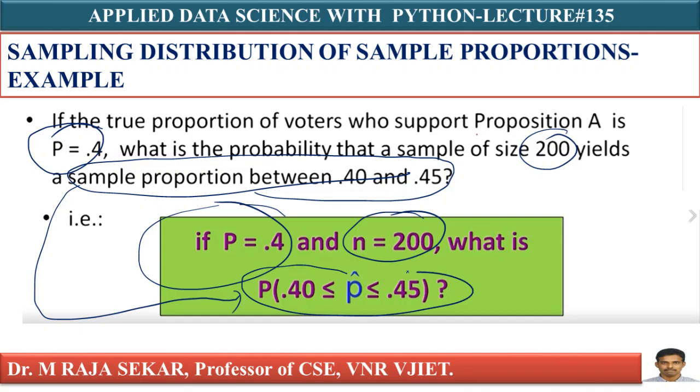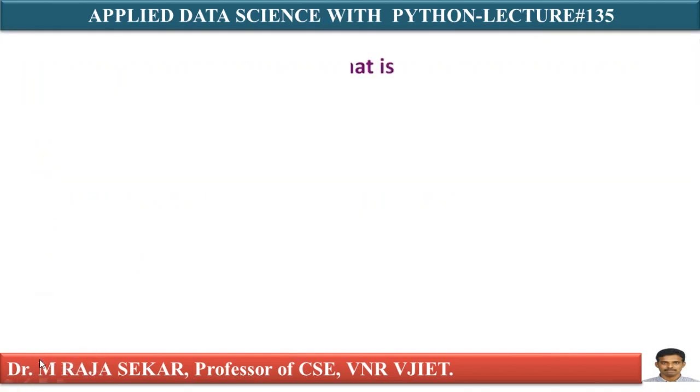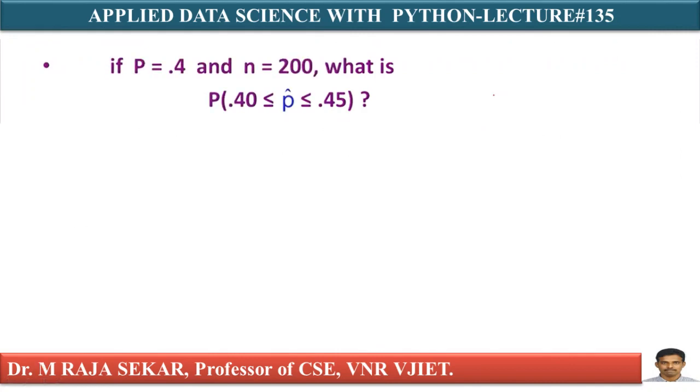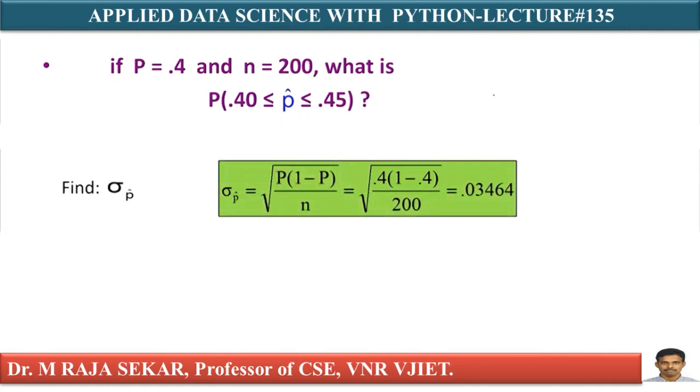This I have to calculate. How can I calculate? Just writing the parameters: capital P equal to 0.4, small n equal to 200. I need the probability of the sample proportion between 0.40 and 0.45.